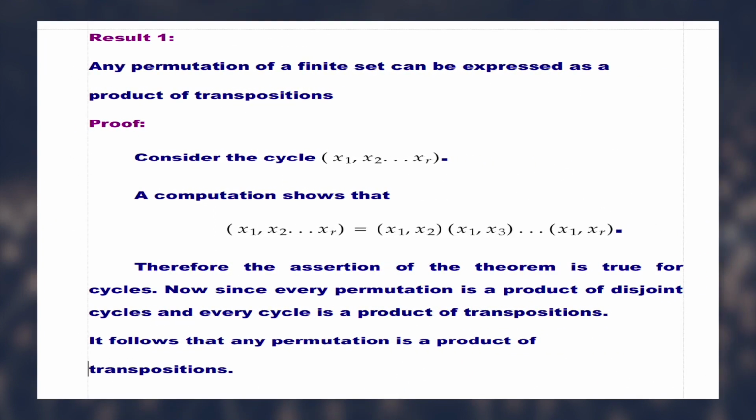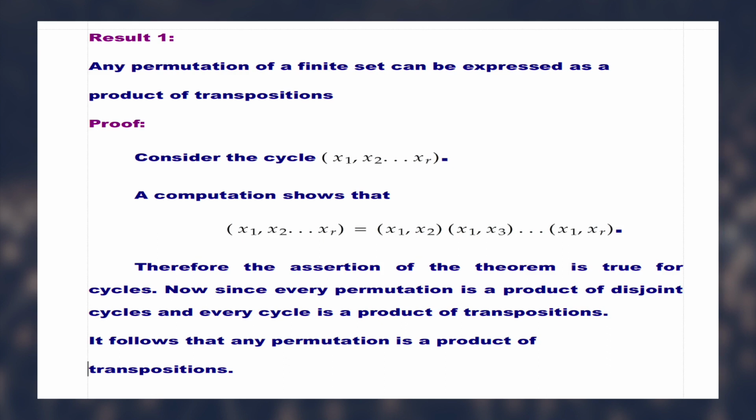Now let's see some results. Result 1: any permutation of a finite set can be expressed as a product of transpositions. Let us prove this. Consider the cycle x1, x2 and so on up to xr. A computation shows that x1, x2 and so on up to xr is equal to x1, x2 times x1, x3 and so on up to x1, xr.